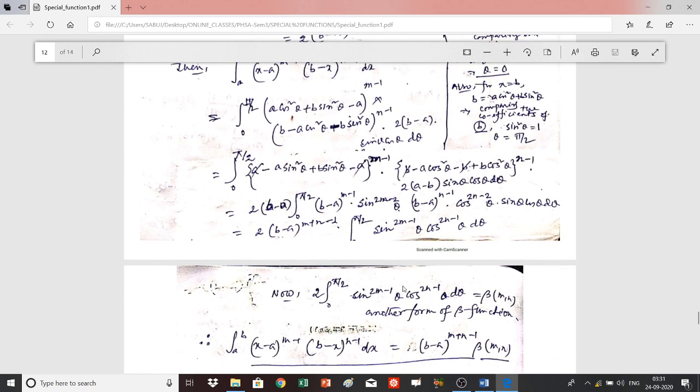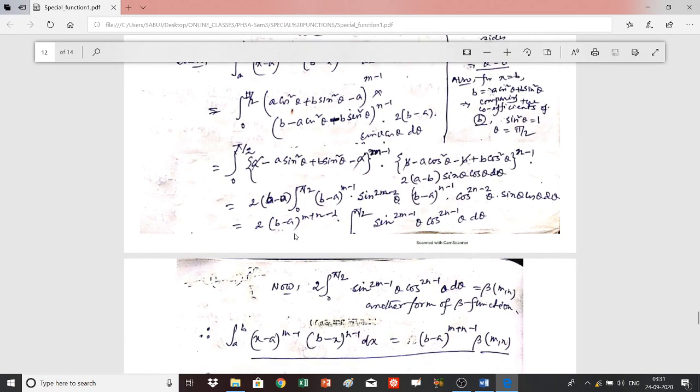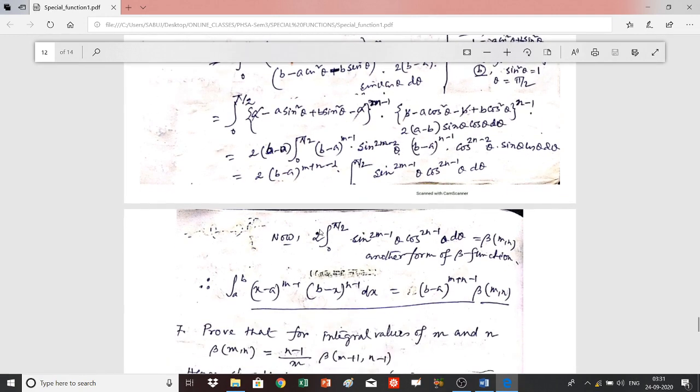So 2 into 0 to pi by 2 will give you beta m, and just write this in this expression, so that will give you the integral from a to b of (x minus a) to the power m minus 1, then (b minus x), so this is the integral whose value is to be found out.